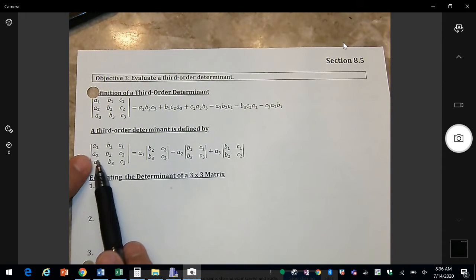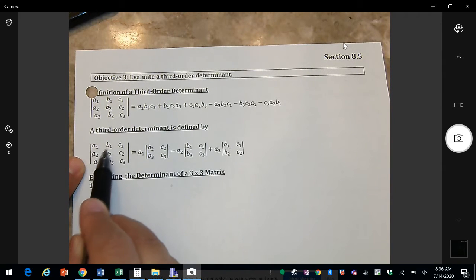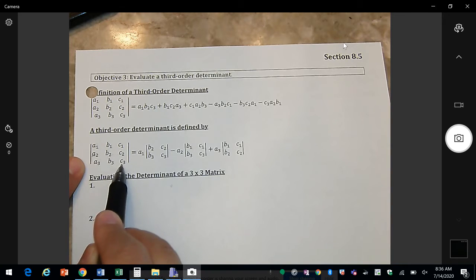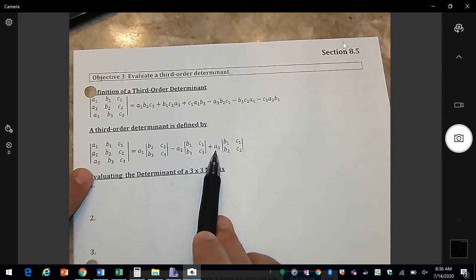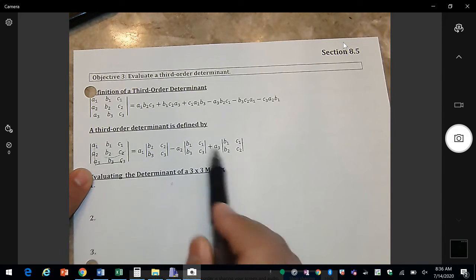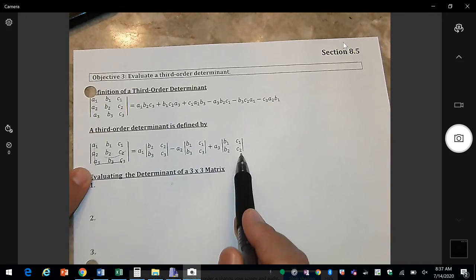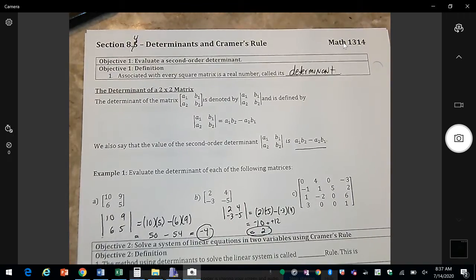Minus A2. Now if I cover this middle row and this column, I'm left with B1, C1, B3, and C3. Then we're alternating signs, so then plus A3. If I cover this row and this column, I'm left with B1, C1, B2, and C2. That's how we would do it without a calculator.